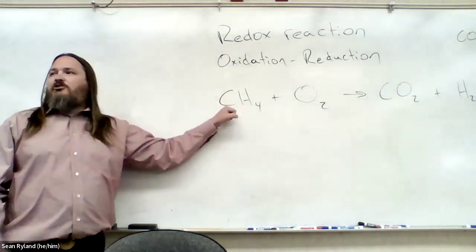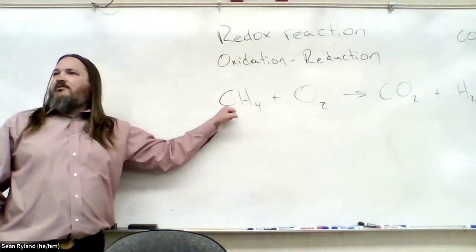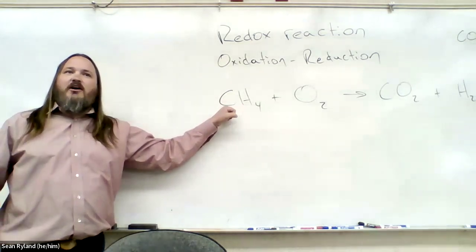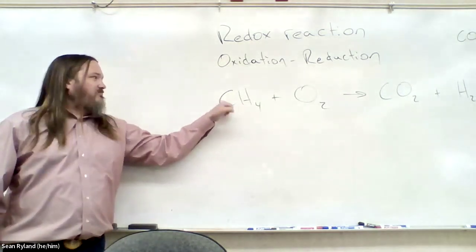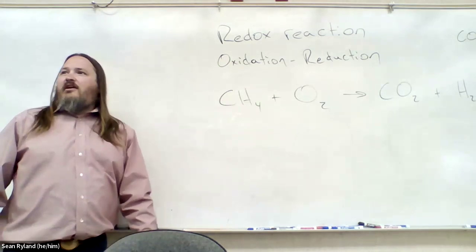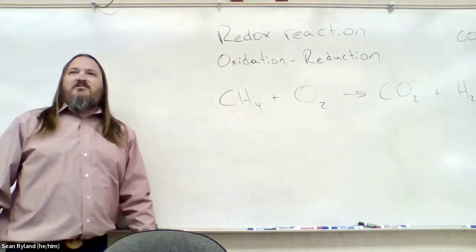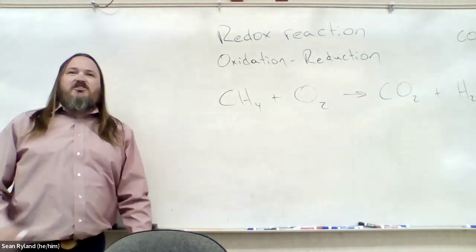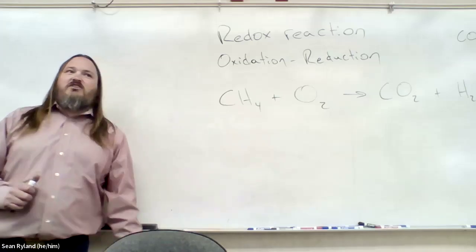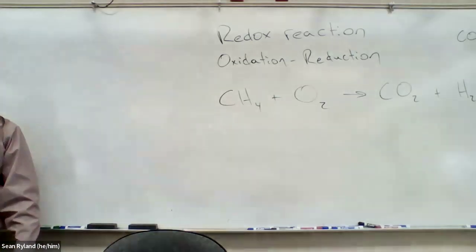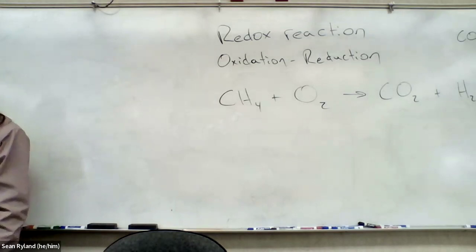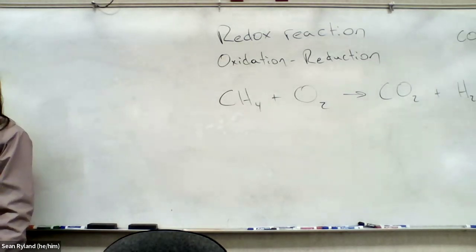this carbon is more electronegative than the hydrogen because it's closer to fluorine on the periodic table. If it's more electronegative, it gets first dibs at the electrons. And you just say, how many electrons does carbon want to gain to have a full valence? 4.